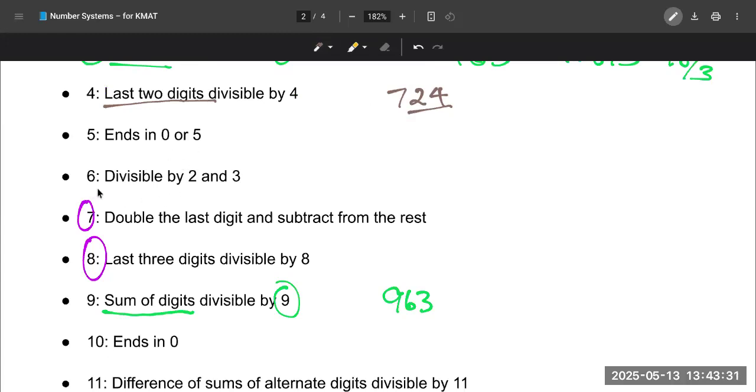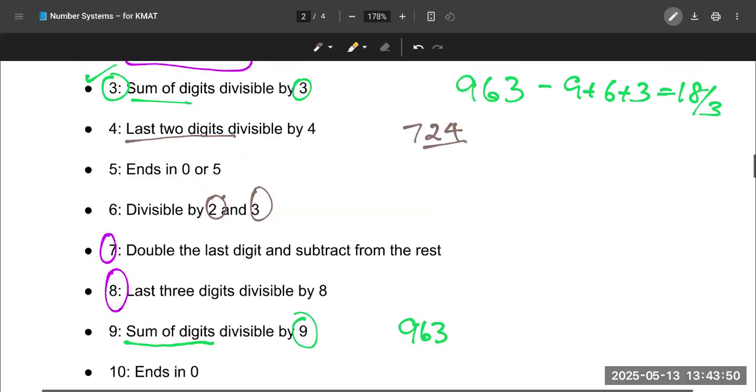A number is divisible by 6 if it is divisible by both 2 and 3. So to check if a number is divisible by 6, you first check if it is divisible by 2, and then if it is divisible by 3. I hope that's clear.